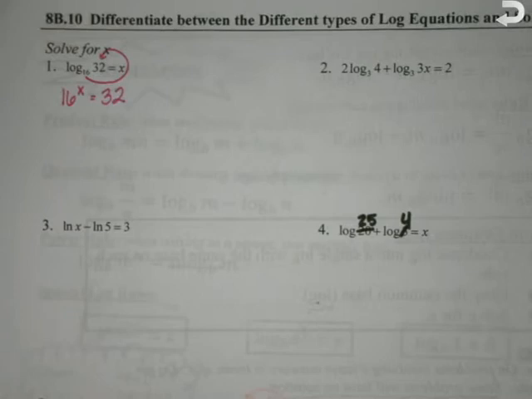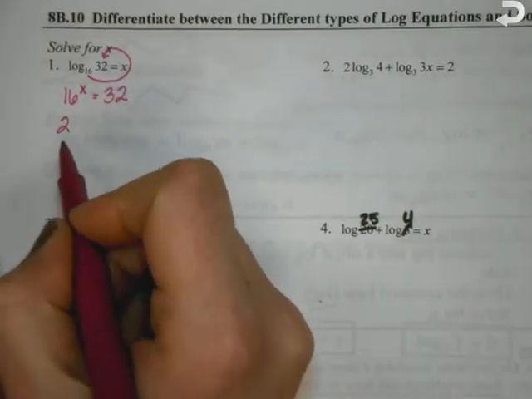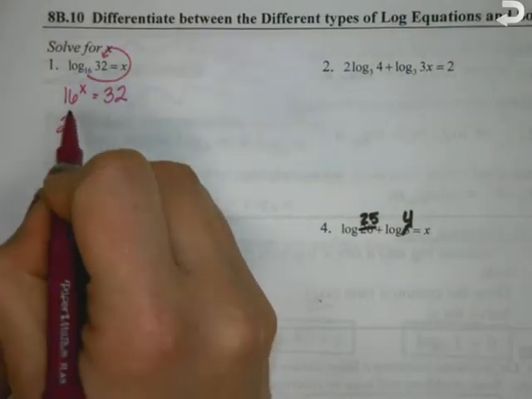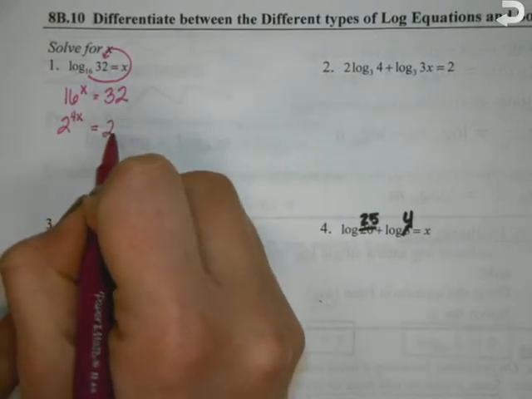Now what? Base of? No, not base of 4. Base of 2. 16 is 2 to the 4th. So that's 2 to the 4x, right? Equals 2 to the 5th.